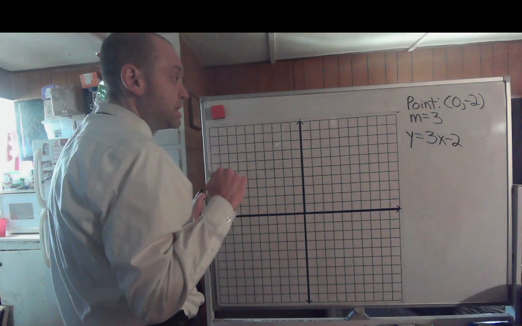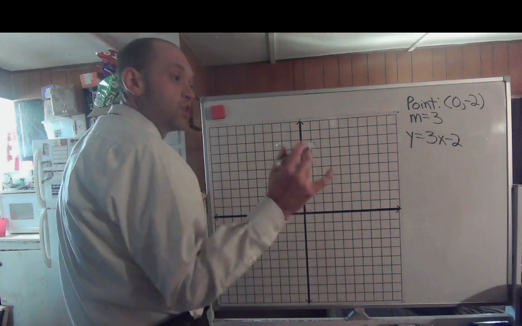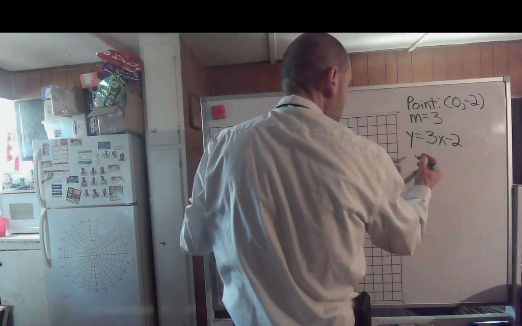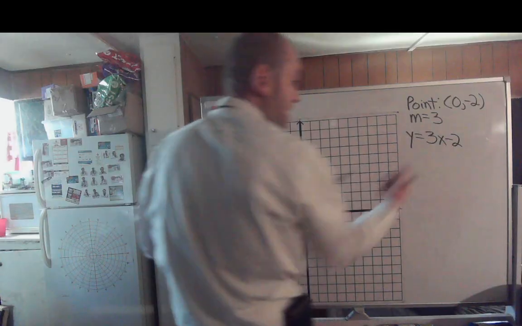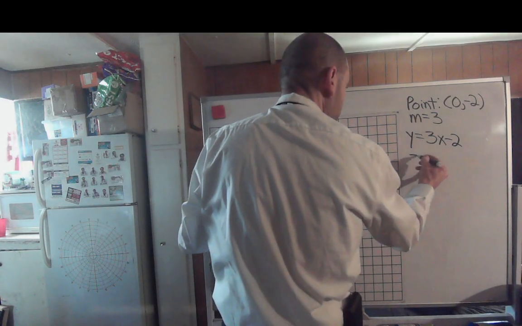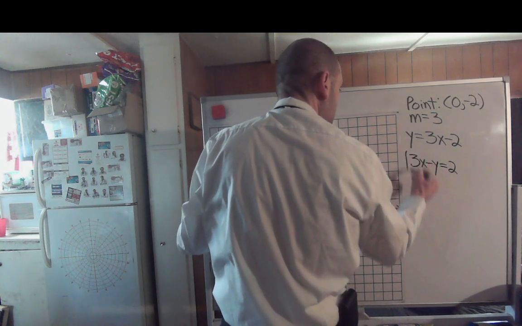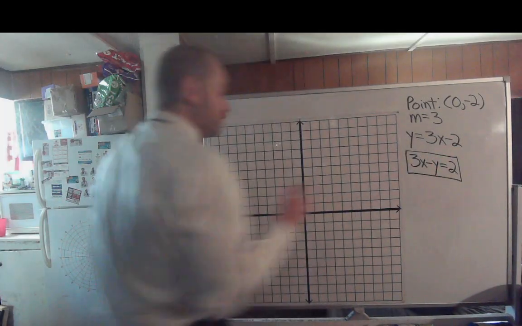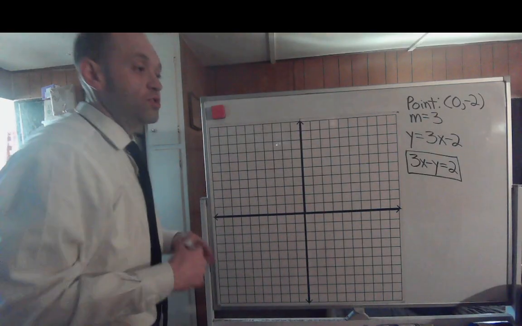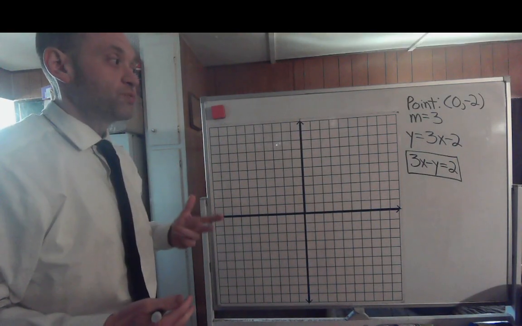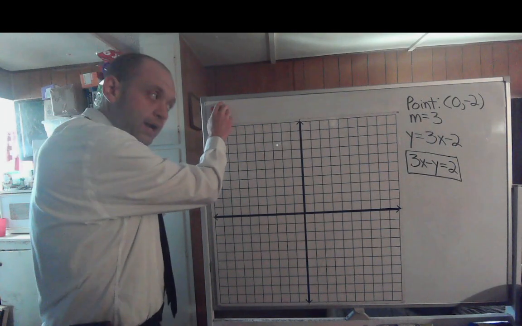So this is the slope-intercept form, but they want general form or standard form. Well, you would want to get that constant on one side, get your x and y terms on another side, so this would just turn into 3x minus y equals 2. So that's what they'd be looking for, the general form. 3x minus y equals 2, or some books may write it as 3x minus y minus 2 equals 0. Either way would be correct.